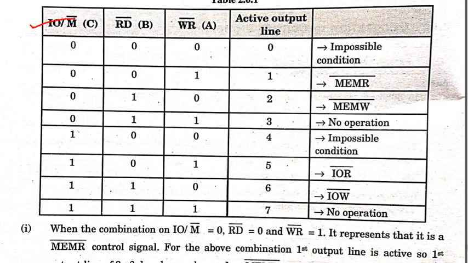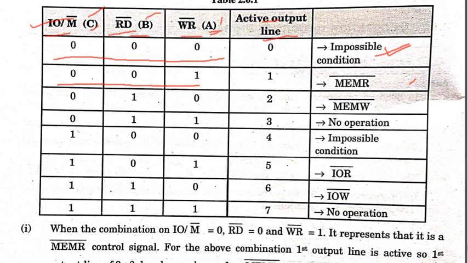So here is the truth table of this 3:8 decoder. In that, 3 inputs are there: IOM bar, RD bar and WR bar. So that is ABC, and the output line is given, and this is the comments or remarks. Whenever IOM bar, RD bar and WR bar are all 0, at that time it is an impossible condition.